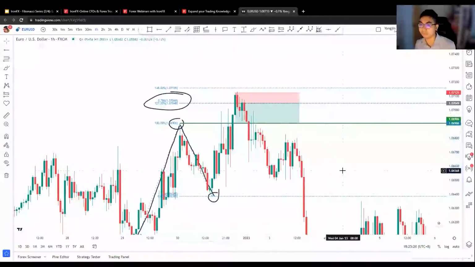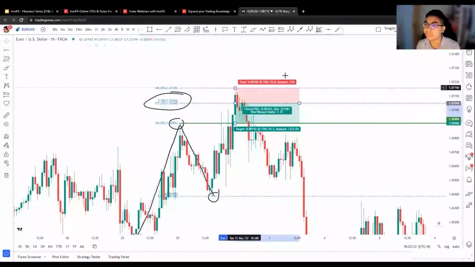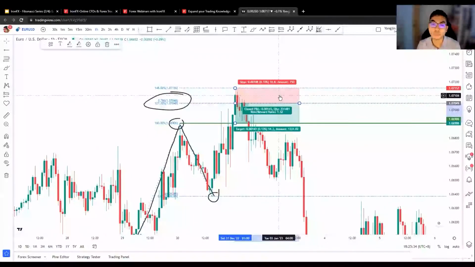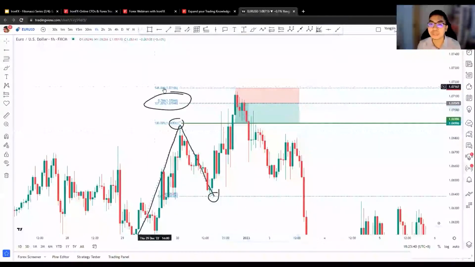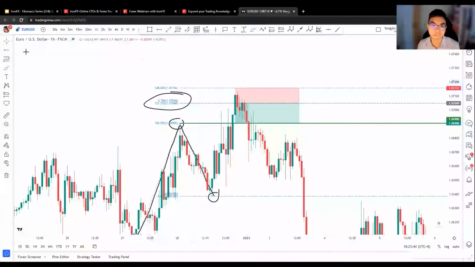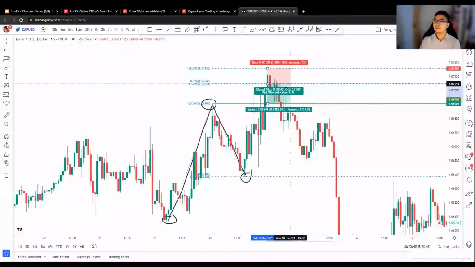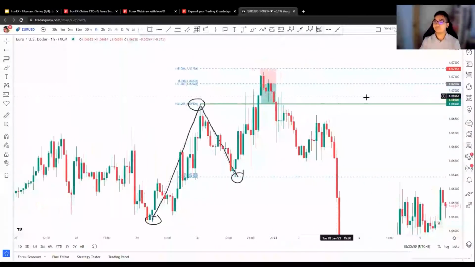Slightly higher, 148%. It's still a more than 1-to-1 risk to reward trade. It's actually a 1.32 risk to reward trade. You can take a safer entry, with the stop loss at 148%. So that could be a trade setup.